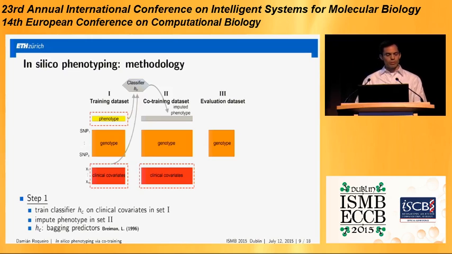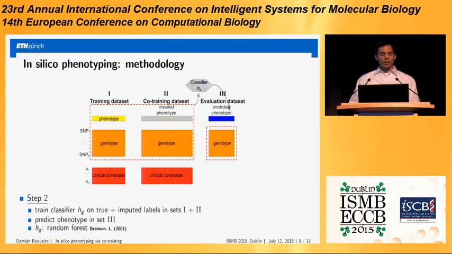For that, we use what are called bagging predictors, a method described by Leo Breiman in 1996. Once these labels have been imputed, we construct a genotype classifier using the true labels of the training set plus the imputed labels in the co-training set. And then we can assess the classification performance of the classifier on the evaluation data set, because there we do have the true labels.